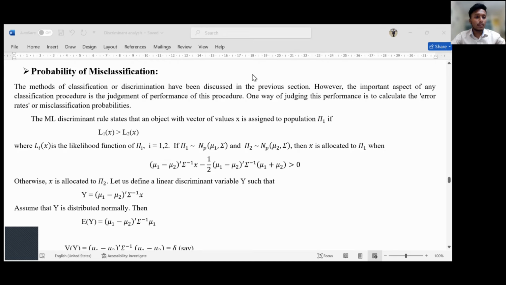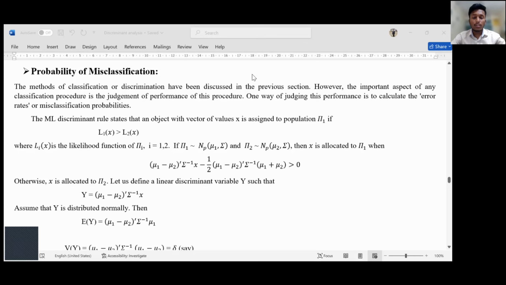Firstly, the ML discriminant rule states that the object with vector of values x is assigned to population 1 if the likelihood of population 1 is greater than the likelihood of population 2, where L_i(x) is the likelihood function of the ith population, i = 1, 2.